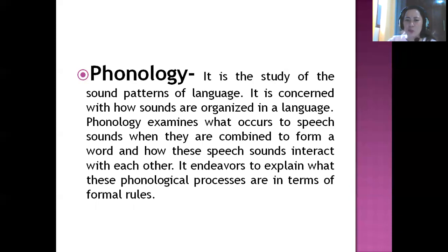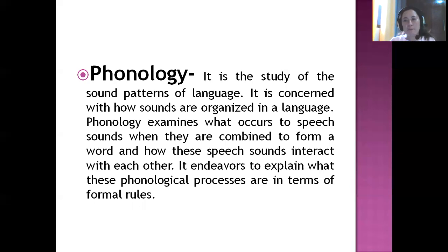Phonology examines what occurs to speech sounds when they are combined to form a word and how these speech sounds interact with each other. It endeavors to explain what these phonological processes are in terms of formal rules, because there are speech sounds that will behave in accordance to the sounds surrounding them.